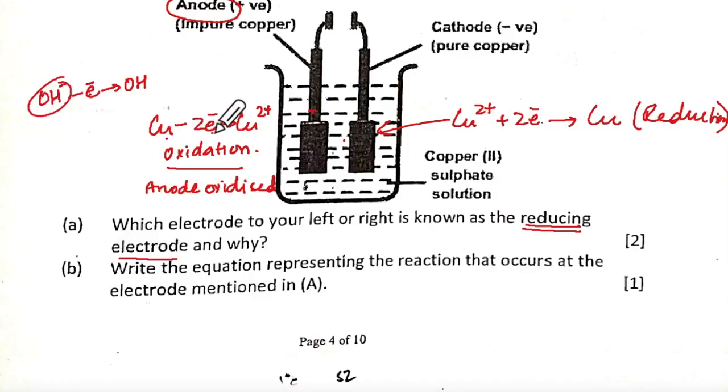Copper loses, so oxidation happens, so anode gains electrons, and therefore anode gets reduced. But if it gets reduced, it becomes the oxidizing electrode, no? Yes, ma'am. So the reducing electrode is getting oxidized.